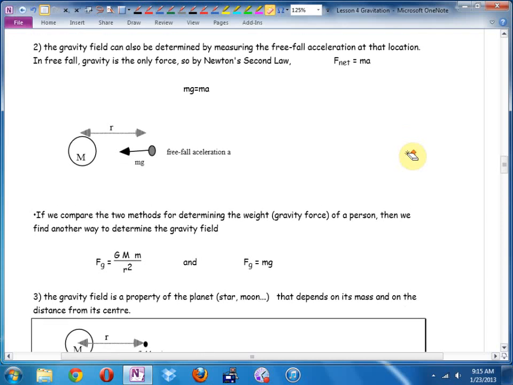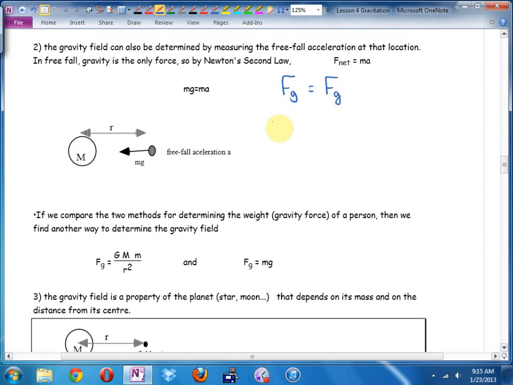We can go like this. Gravity equals gravity.